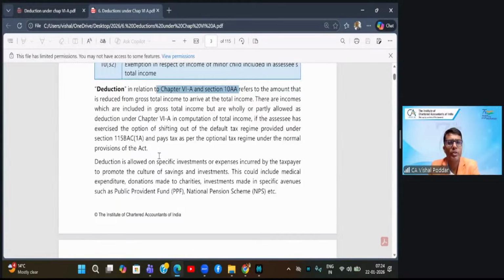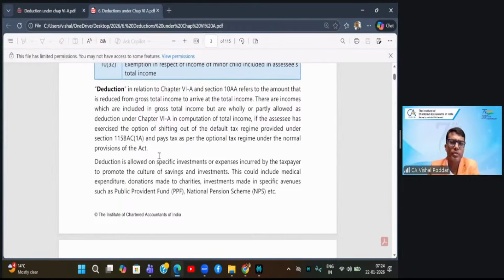In case of deductions, deductions are not automatic. Exemption under section 10 is automatic. Automatic means once you are earning agriculture income, you know it is exempt. Once you are getting HRA, you know there is an exemption. Deduction will be allowed when you are making a specific type of payment. So deduction is by doing something expressly, like making a particular type of payment.